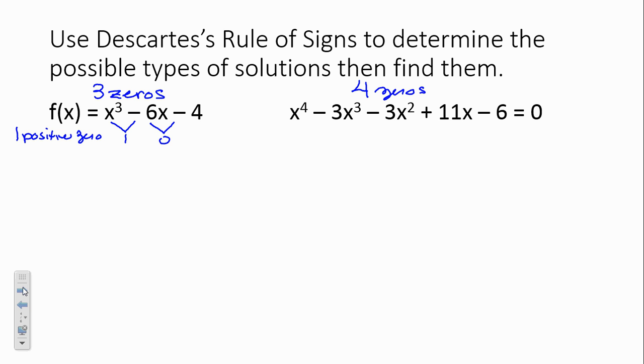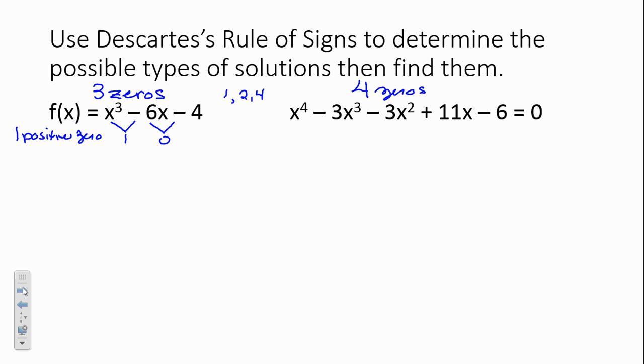What are our options? What are the possible zeros that we could have? Kayla, what are factors of 4? What numbers multiply to get 4? 1 and 2 and 4, right? So it could be a 1, it could be a 2, or it could be a 4.